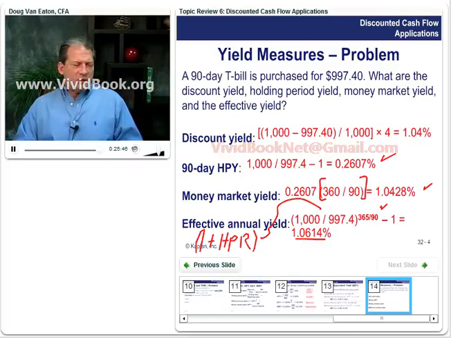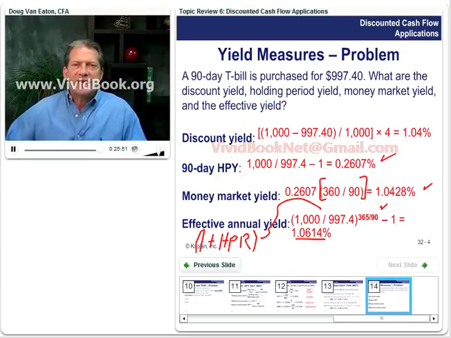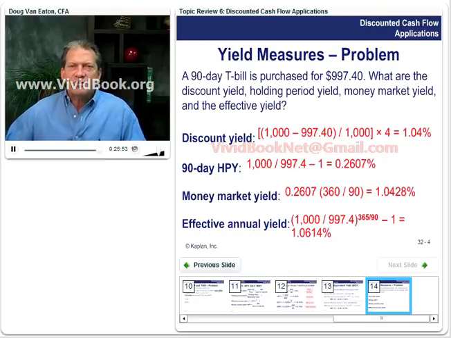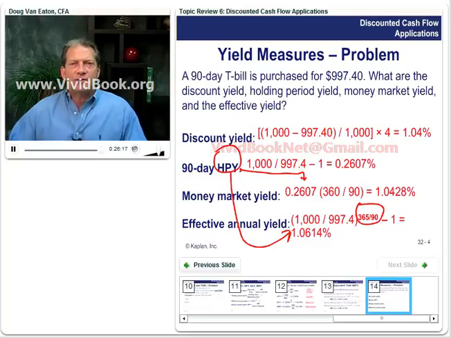Now, you also may be required to switch from one of these to the other just to demonstrate your understanding of it. My suggestion is that you always key off the holding period yield. If I have the holding period yield, I can certainly make this calculation, and that calculation. Or if I have the effective annual yield, I can take 1 plus that and take the inverse of that power.